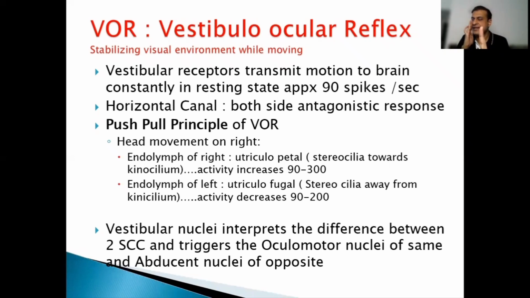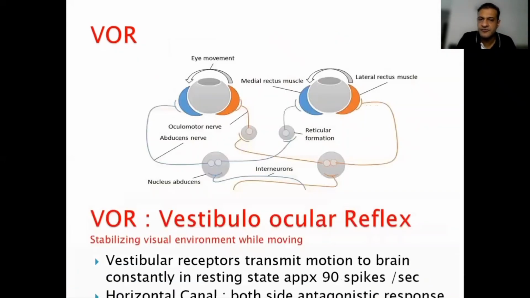This means my right eye medial rectus will be working and the left eye lateral rectus will be working. So when the head moves to the right side, the same side medial rectus works and the opposite side lateral rectus works. Same side oculomotor nerve is working, opposite side abducent nerve is working. This is what is the vestibulo-ocular reflex.